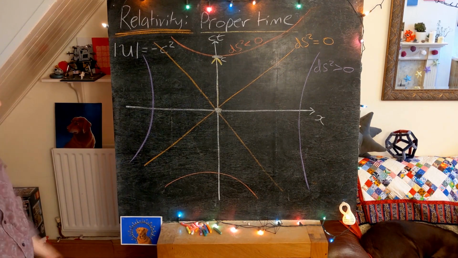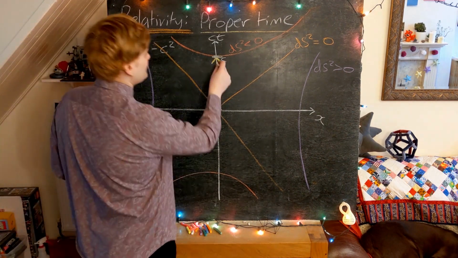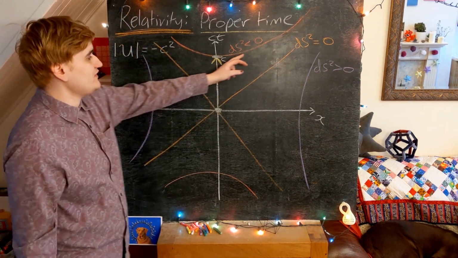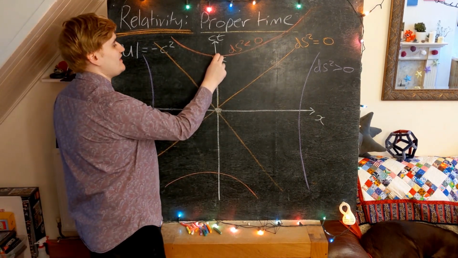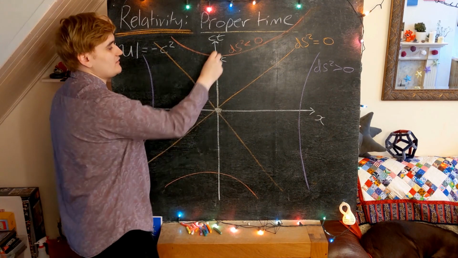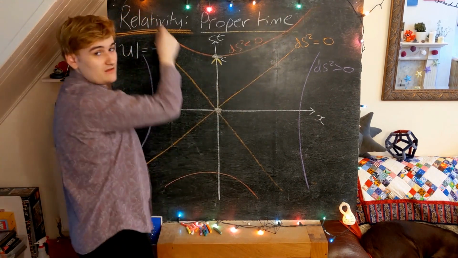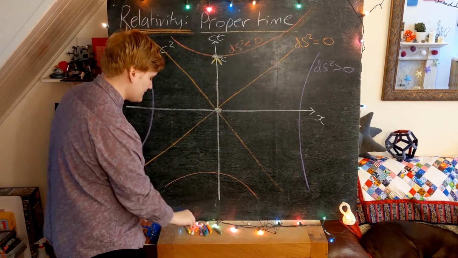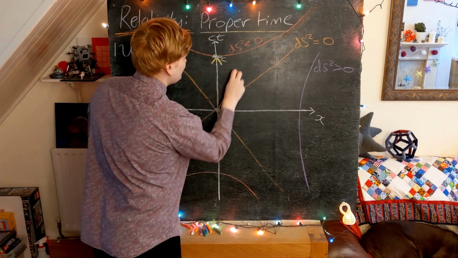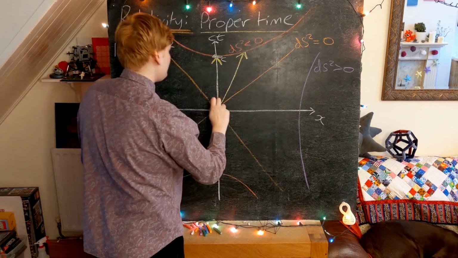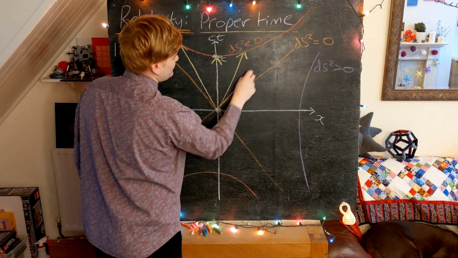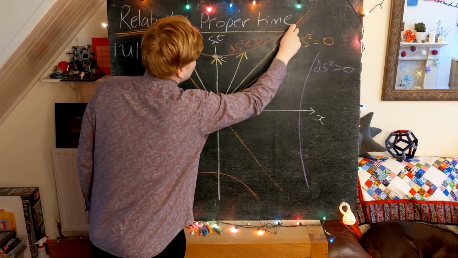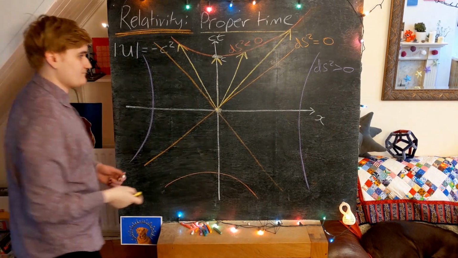But what we can now realize is that we've drawn our points that have constant separation from the origin. This point here has a separation of c. So all of the points on this red line also have a separation of c. So in Minkowski space, all of the vectors which I'm now drawing all have the same space-time length.